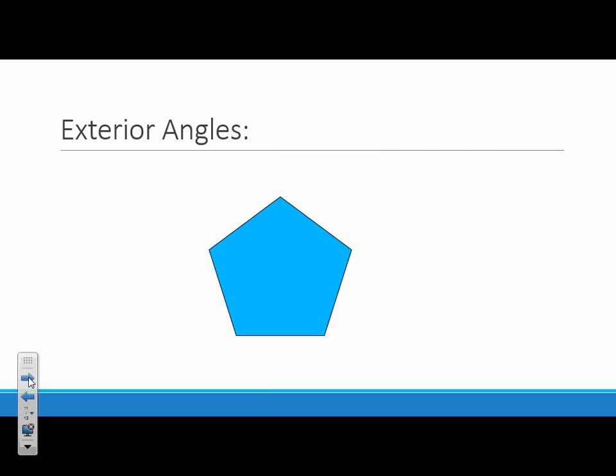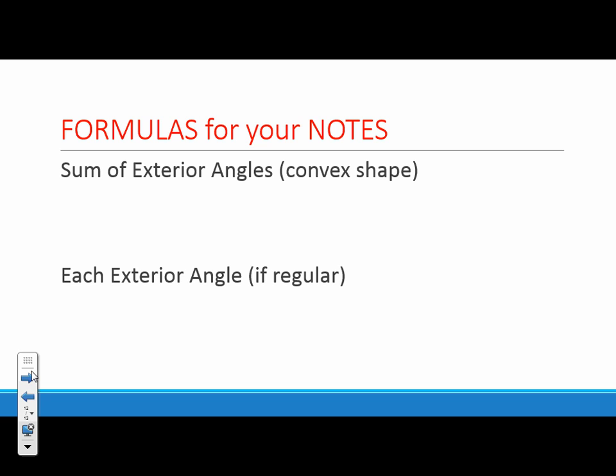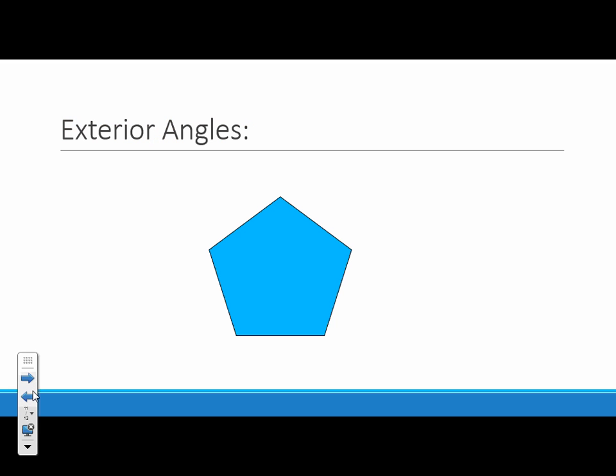Now let's take a little look at some exterior angles. So there are angles inside a shape, and then there are angles outside of a shape. So exterior angles are located on the exterior of the shape. Exterior means outside. So these are the ones you don't typically see.